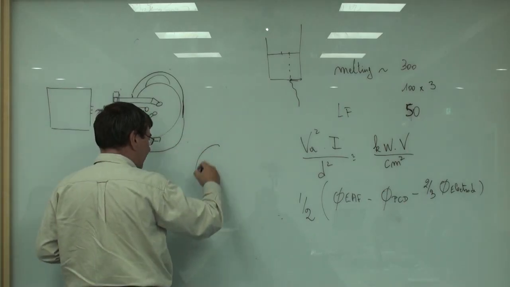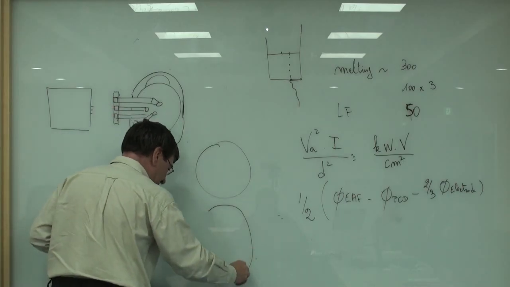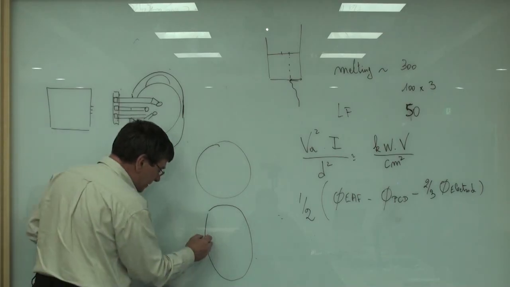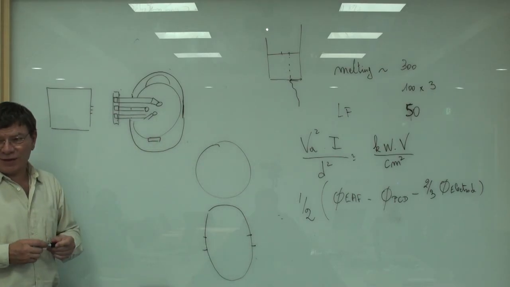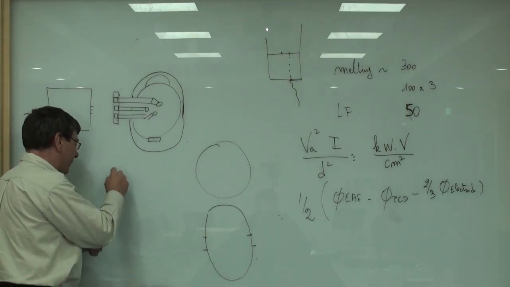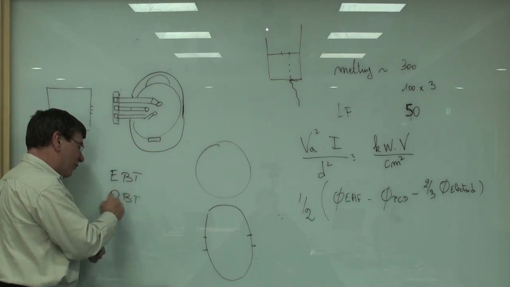So instead of having a circle, you have something like that, and this is this extension. So we say oval. It's not EBT, it's OBT, oval bottom tapping.